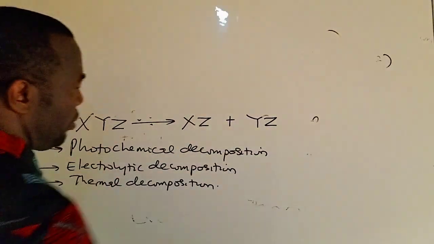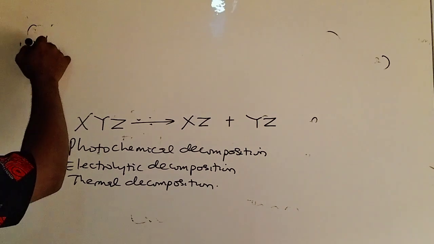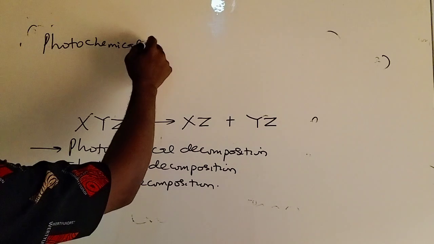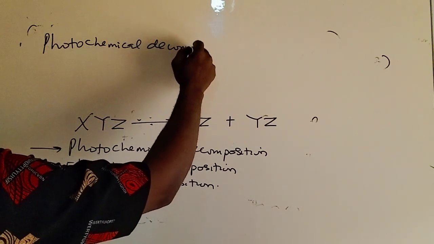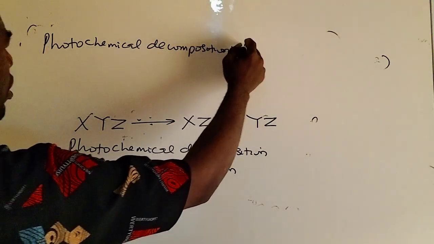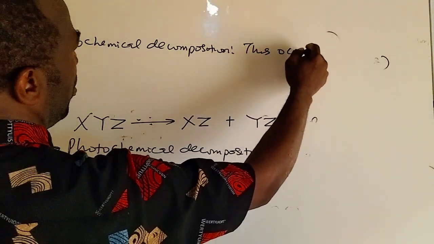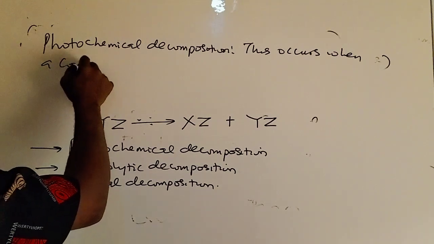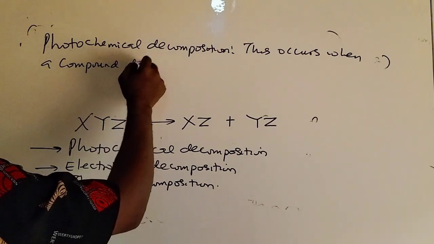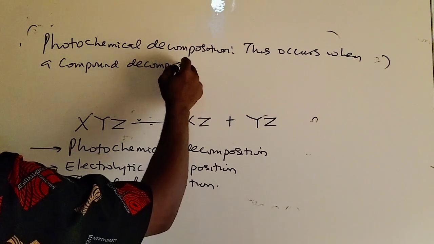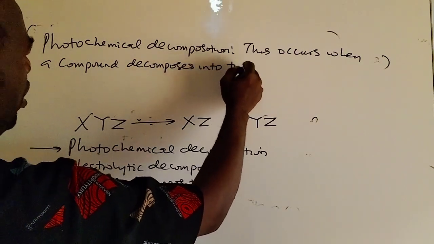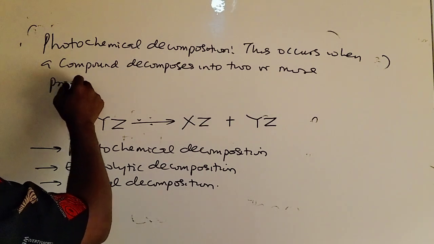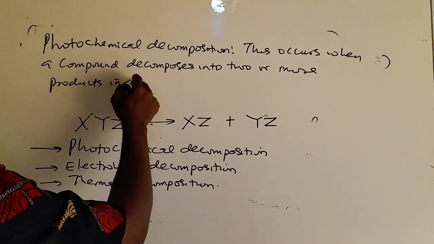I'll give an example. So photochemical decomposition occurs when a compound decomposes into two or more products in the presence of light.